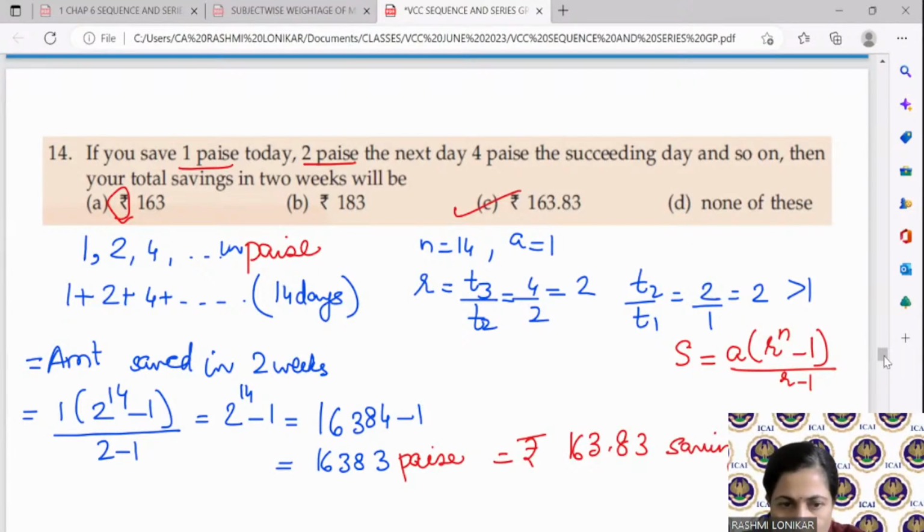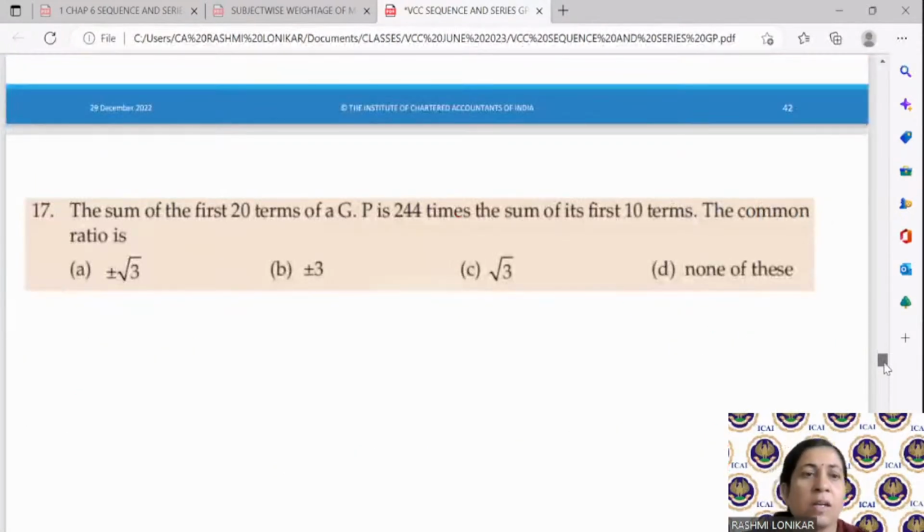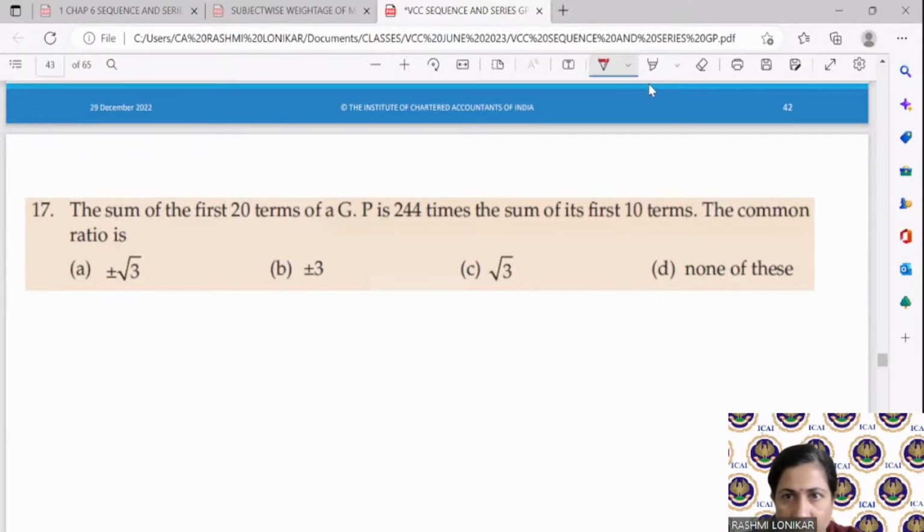Now the next one is also very interesting. The sum of the first 20 terms of a GP is 244 times the sum of its first 10 terms. The common ratio is?